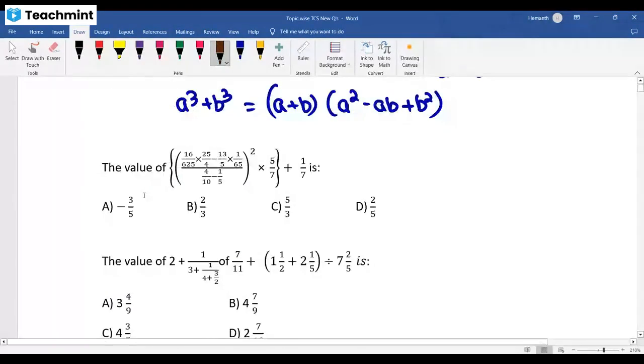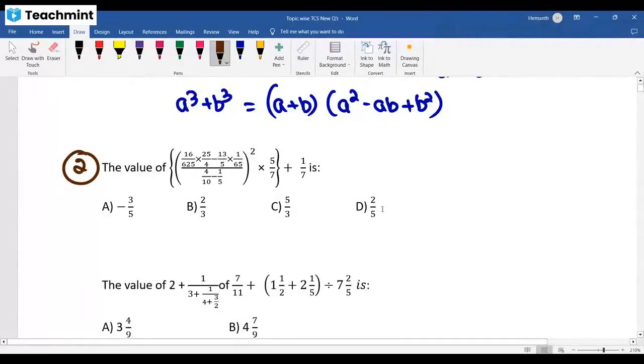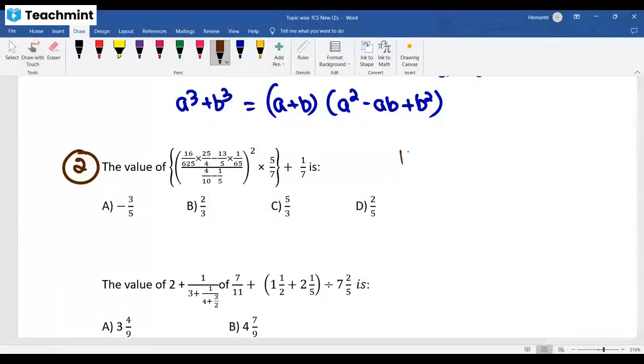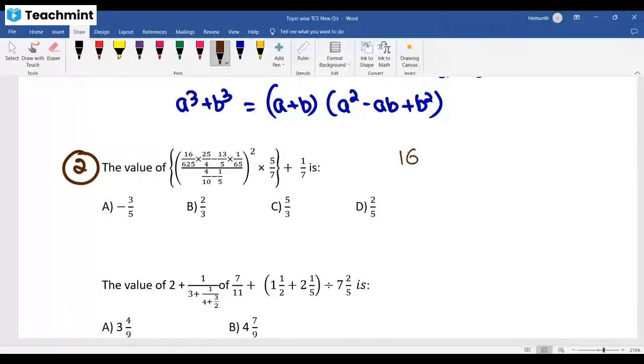So the next question, what's the answer we have to get? See this next question, my dear friends. This expression also, if you want to enter in a calculator, it's a bit tricky.